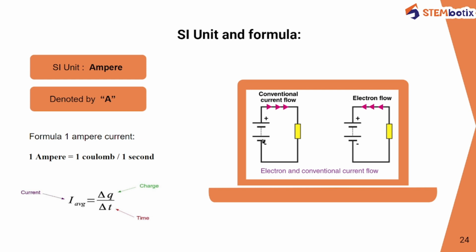The SI unit of current is the ampere and is denoted by capital A. The formula for 1 ampere of current is 1 coulomb divided by 1 second. So 1 coulomb of charge per second is 1 ampere.